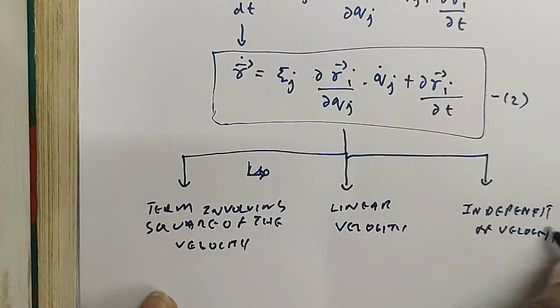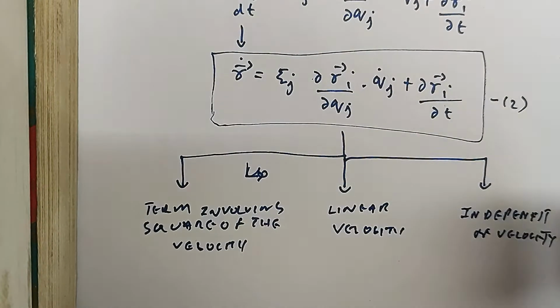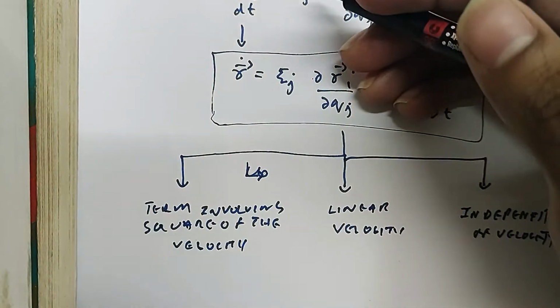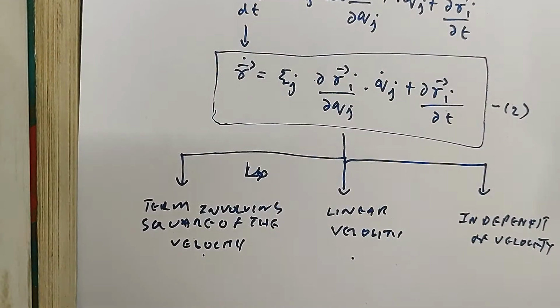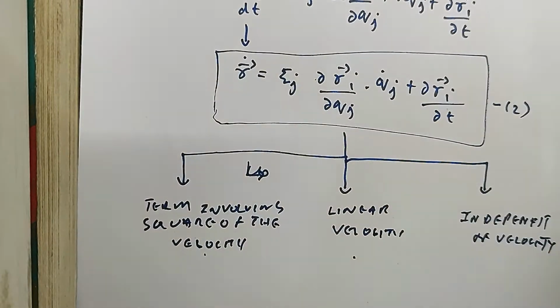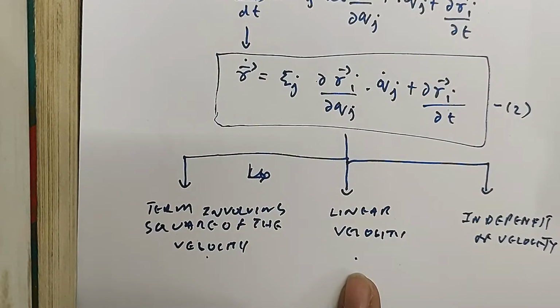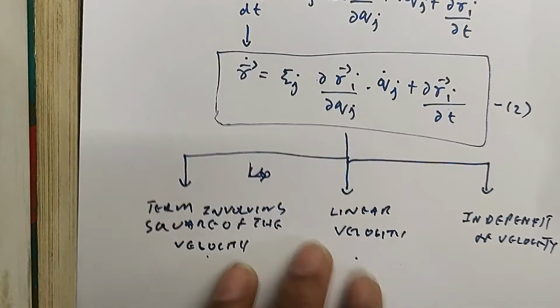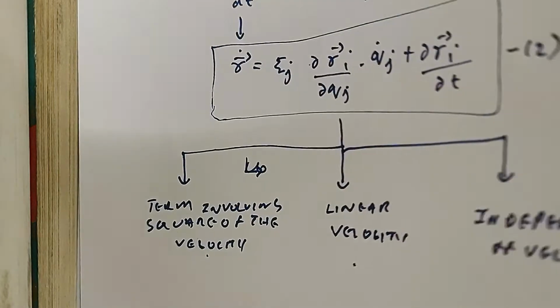So I will get one expression, but it will contain three parts. The first part involves the square of the velocity. The second part involves just the first power, which is linear in velocity. Another would be independent of velocity.